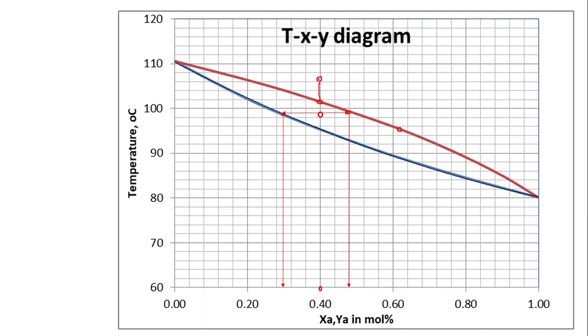So this is the phenomenon when any material that is available in the subcooled state is heated: how the subcooled liquid is converted into superheated vapor, what the different steps are, and the different changes taking place in the journey from subcooled liquid to superheated vapor.